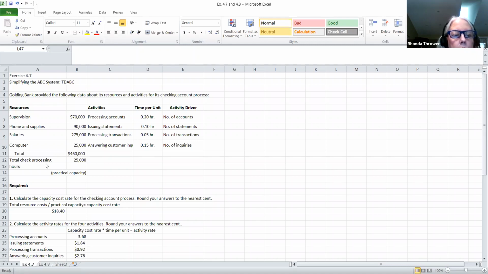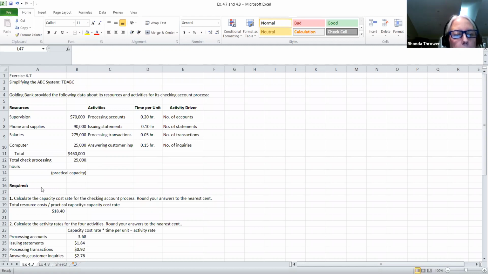The total check processing hours, which we're going to call practical capacity, is 25,000 hours that they think it's going to take to process all the checks for this particular bank for a particular period of time. So practical capacity is the total amount of hours that they think it's going to take to go through the checking account process.